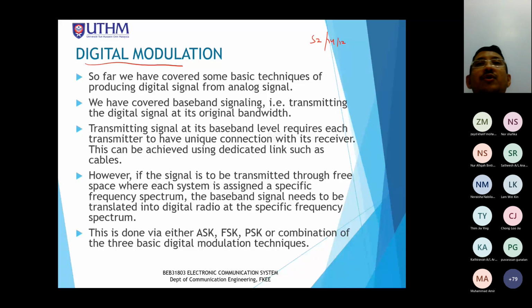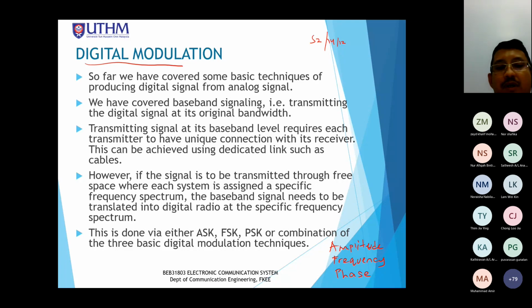So now when we do the modulation with analog carrier, remember that there are three possible characteristics that will change during the modulation process. First is the amplitude of the carrier can change. Then the frequency of the carrier. And then the last characteristic would be the phase of the carrier.